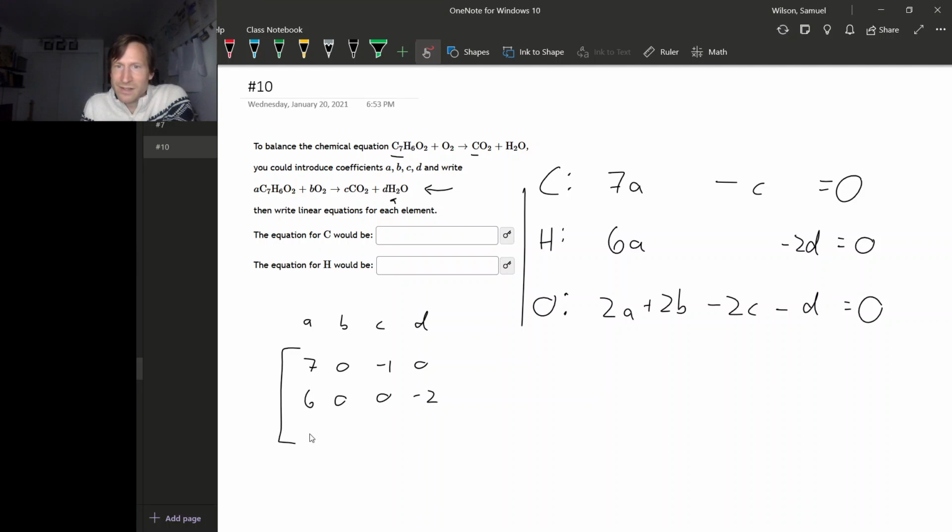And then for oxygen, 2, 2, minus 2, minus 1. Now to solve this, we need to row reduce. I'm going to plug this into a row reducer because I don't want to do it myself. You know how much fun doing row reduction is for the 100th time. So I'm going to ask Sage to do it, and I'll be right back.